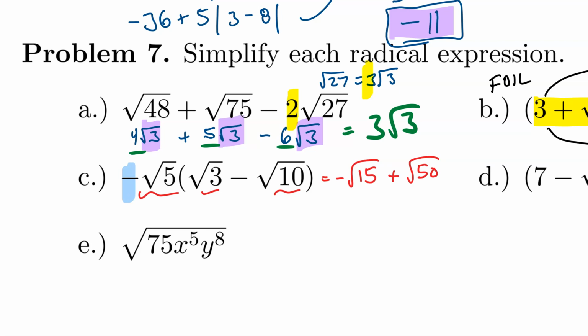The minus sign here cancels with the subtraction to create a plus. Of course, some of you might notice the square root of 50 can be simplified. So we get a simpler expression, negative square root of 15 plus 5 square roots of 2.